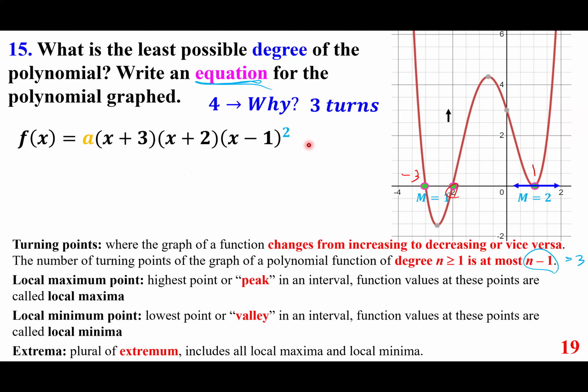So all we have to do, pick up another point, fairly easy point, and obviously we see the y-intercept located between 2 and 4, (0, 3). And so you are going to replace the x with 0, f of x or y with 3 to find the missing a.